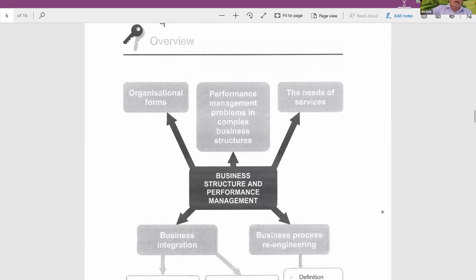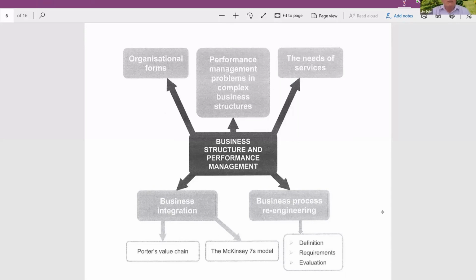Section 4, or chapter 4 of section 1, business structure and performance management, pure theory, organizational forms, as in functional, divisional, networked, or virtual type forms, i.e. the more complex ones, maybe such as joint ventures. Performance management, problems in complex business structures.